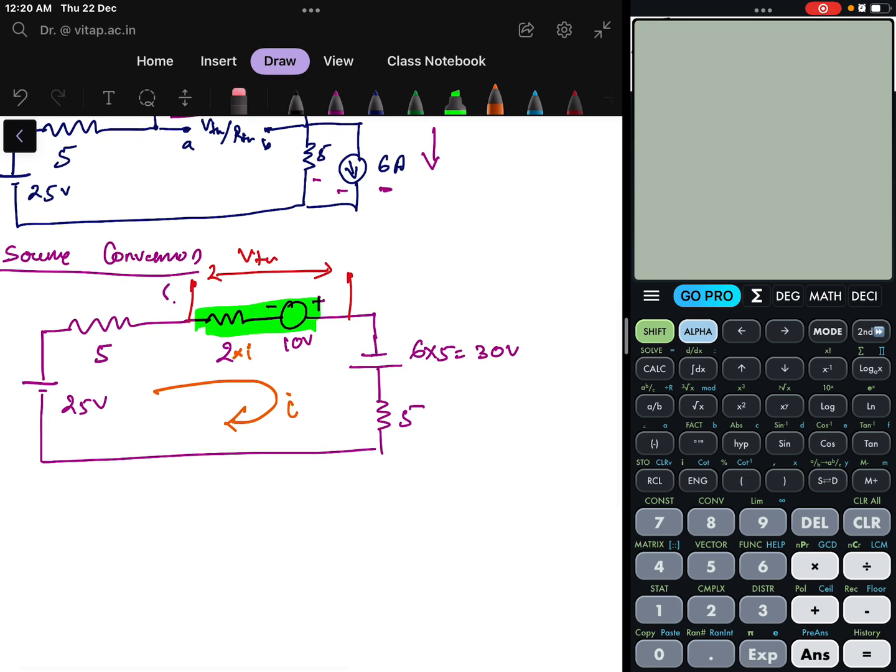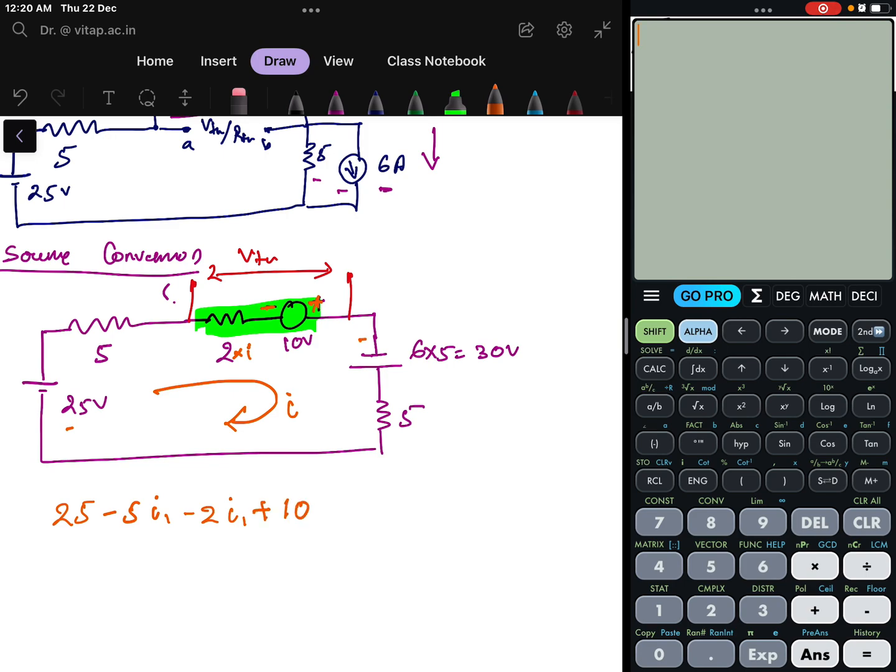Now, to calculate the VTH, I will write the mesh analysis equation. That is 25 minus 5I minus 2I. Here you see these 10 volt terminals: negative is here, positive is here, so it will be taken as plus 10.